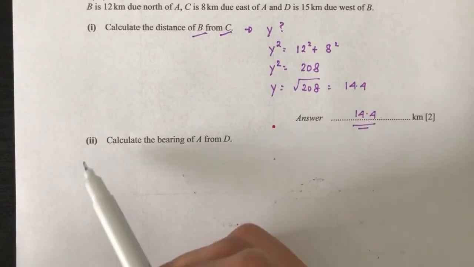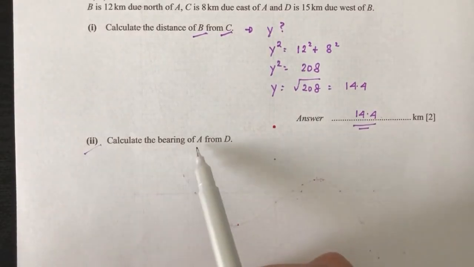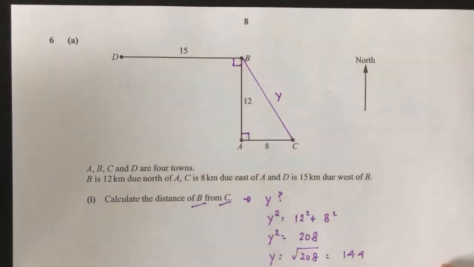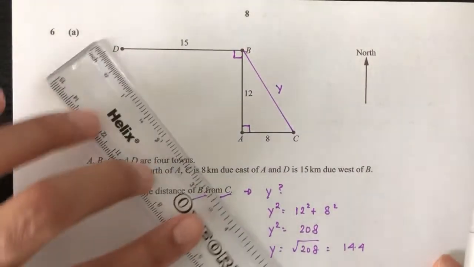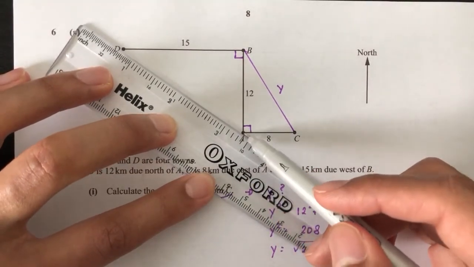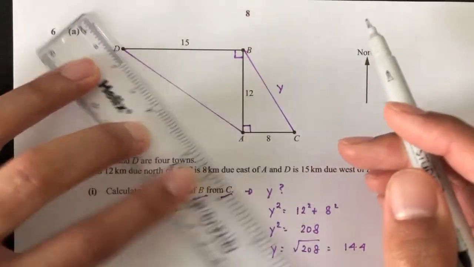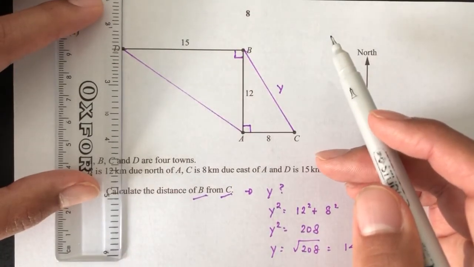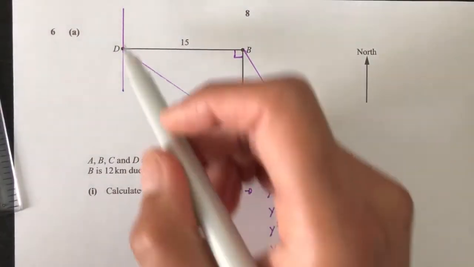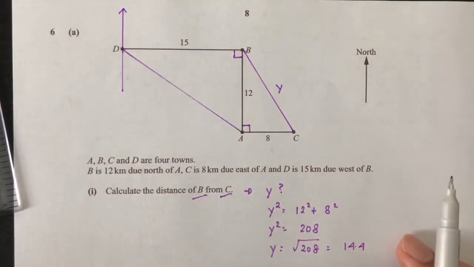Now question part 2: calculate the bearing of A from D. Let's do that. We first connect these two, and then we find the bearing of A from D. In the north line, it is very important. What angle are we looking for?